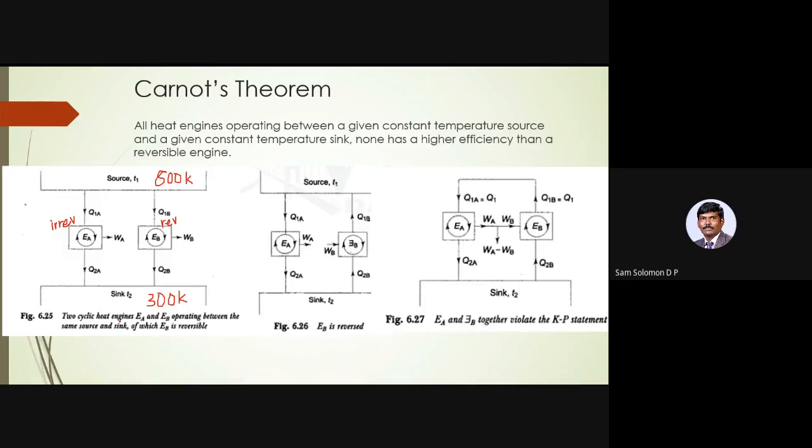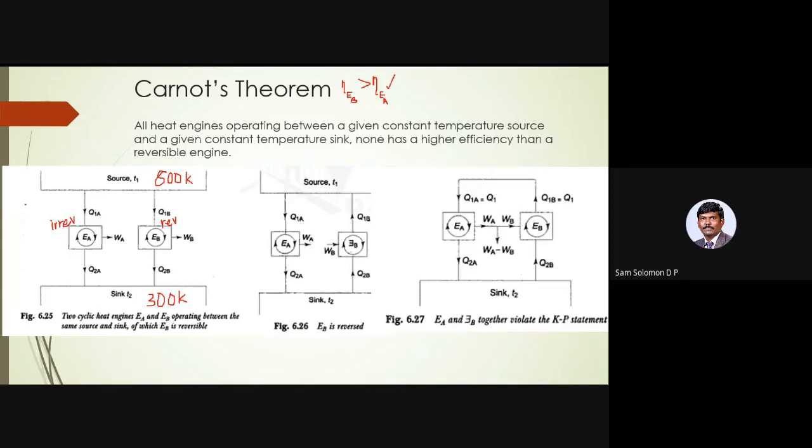So we have assumed EA as irreversible, EB as reversible. According to Carnot's theorem, EB is supposed to have more efficiency than EA. The efficiency of engine EB should be greater than the efficiency of engine EA if EB is reversible and EA is irreversible.